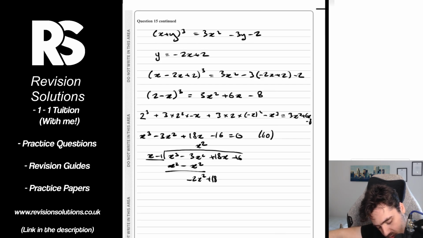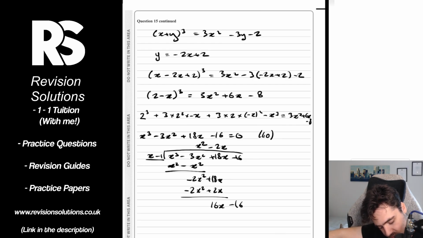Dividing minus 2x squared by x gives us minus 2x. And then multiplying through again, we get minus 2x squared, minus 1 times minus 2 is plus 2x. Subtracting off, we're going to get 16x, and then bring down the minus 16.